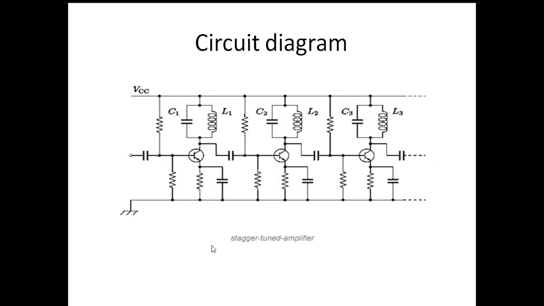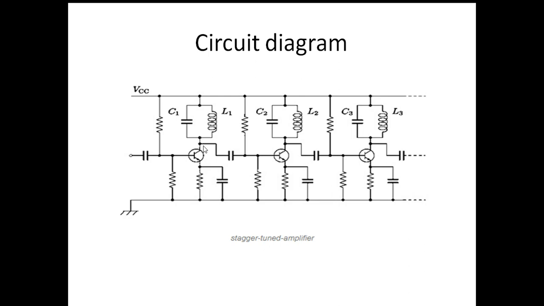Here this is a stagger tuned amplifier. Of course, here it is two stage, but we can connect more. This is the first tuning circuit up to here, and the output is measured across this tuning circuit. The first tuned circuit L1C1 is the first tuning circuit, so the output is measured across this tuned network.